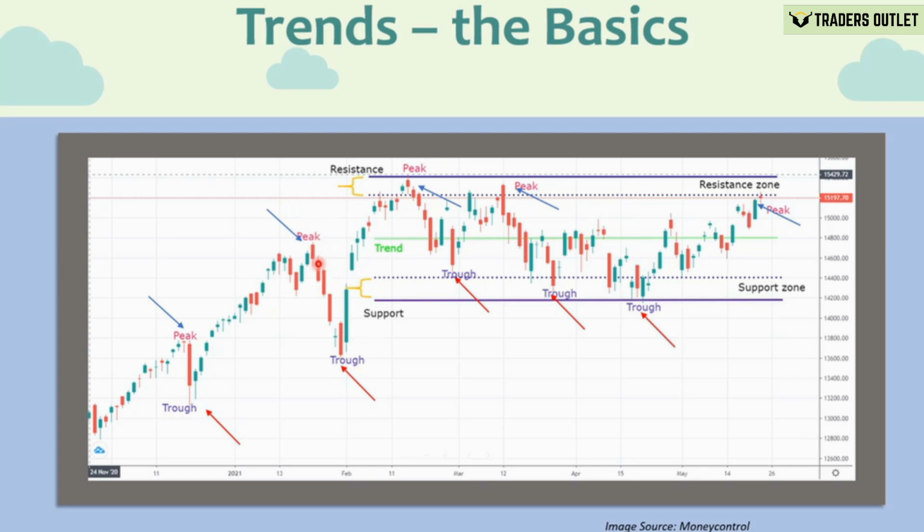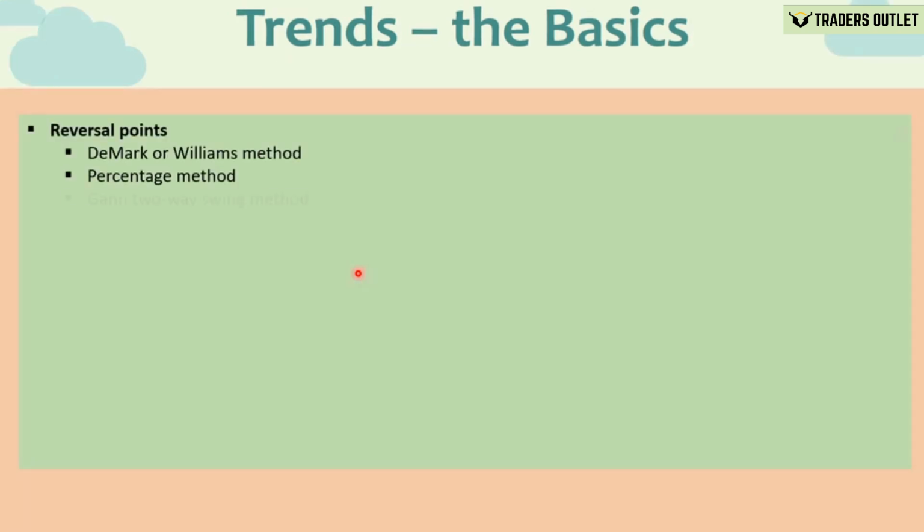If the next two bars or candlesticks have lower highs and lower lows, then we can say the peak is a resistance over there. The original method used three trading days if you're looking at daily charts, but some people also use a variation with 2 trading days. Whatever we say for trough also applies for peak. So this is the Gann two-way swing method, or 2-day swing method, whichever way you like to call it.